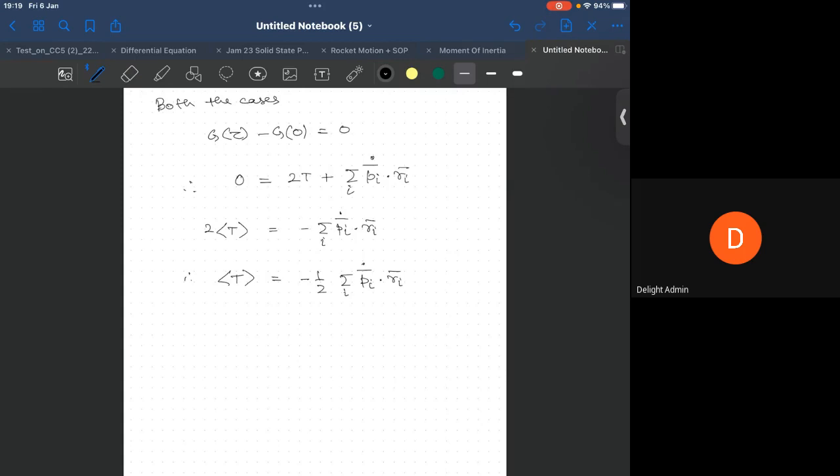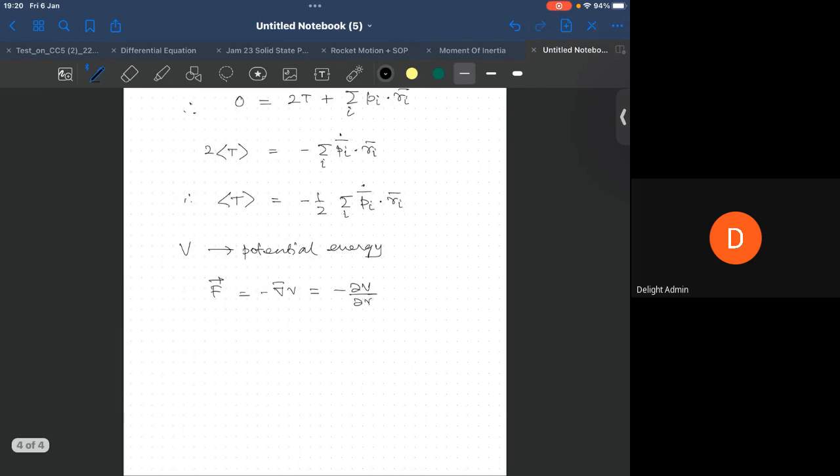Now suppose you have the potential as a given function. Suppose the potential energy is given as V, and we know the force is minus grad V. Since it is a one dimensional case and we are dealing with only the space coordinate in one direction, I can write this as minus dV/dr or del V/del r.